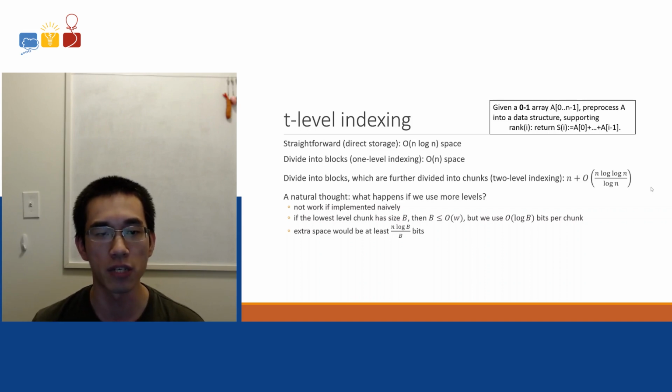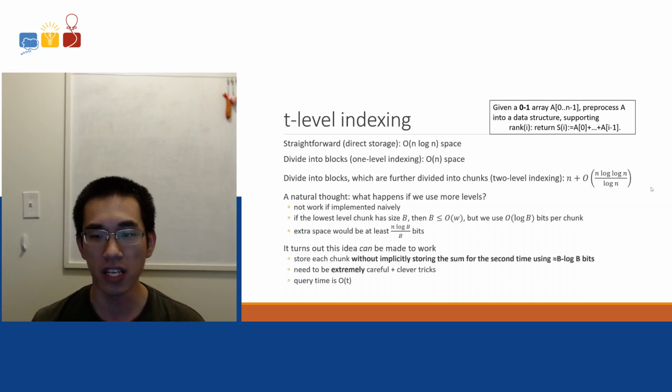But on the other hand, in the second lowest level, we have to store the number of bits preceding this chunk within that block. That takes at least log b bits per chunk. So in total, the extra space would be at least n log b divided by b bits. And because b is at most w, this is at least n log n over log n up to a constant factor.